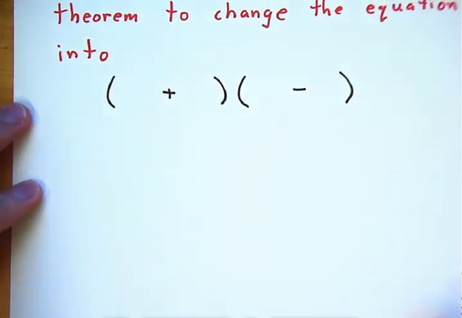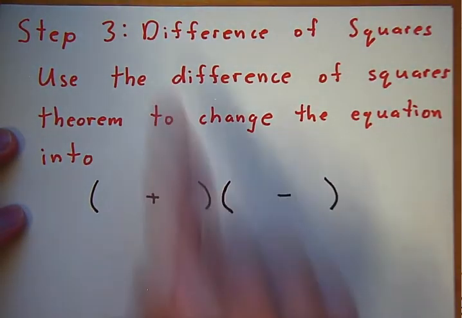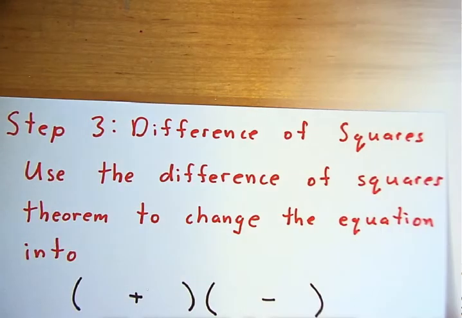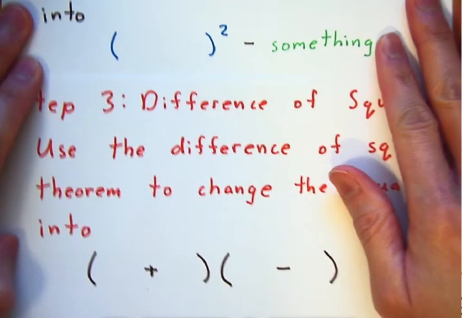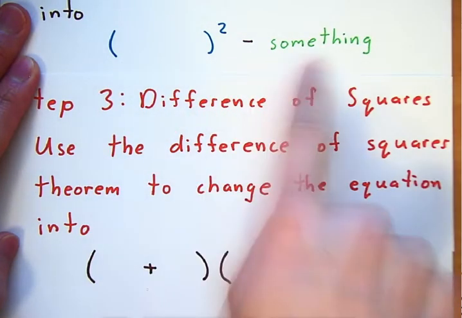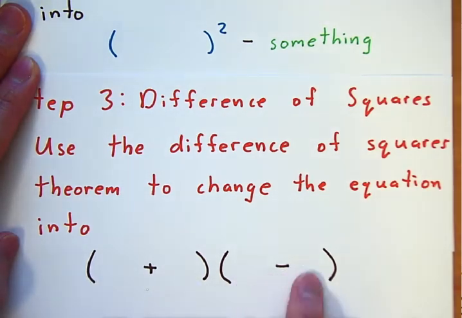But I'm going to have us go one step further than that, and have a step 3, where you're going to use the difference of squares in order to change it from parentheses squared minus something into parentheses something plus something multiplied by something minus something.